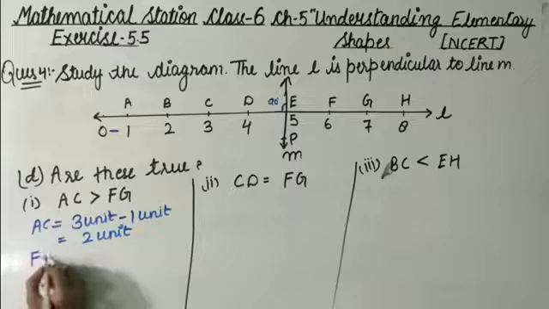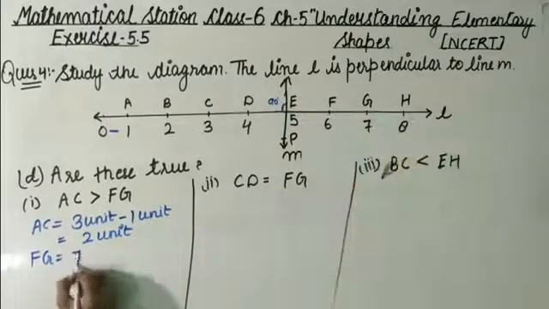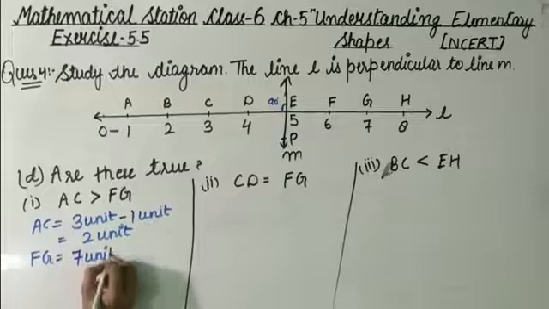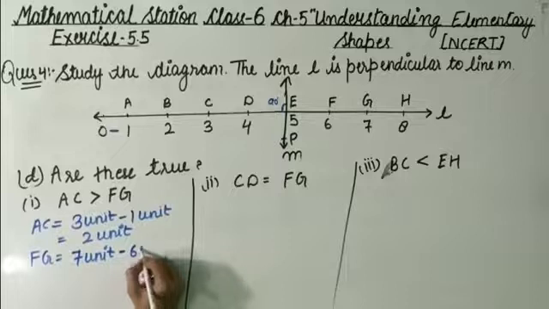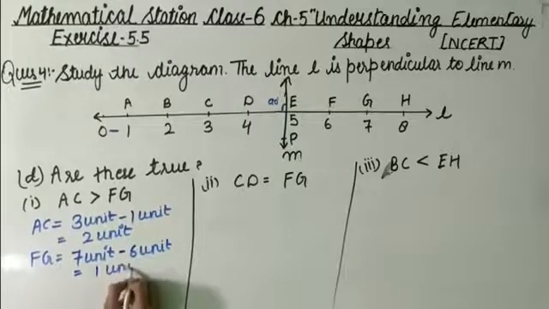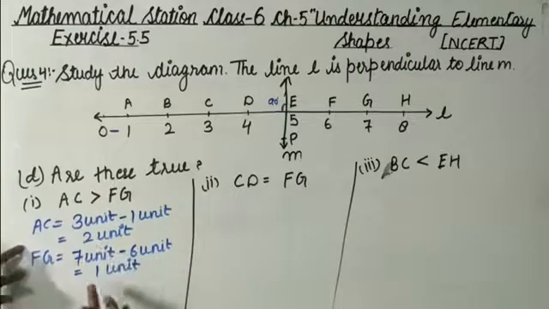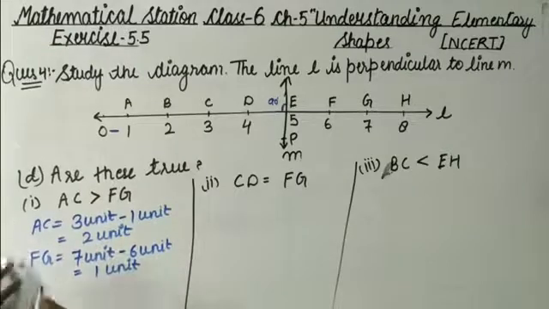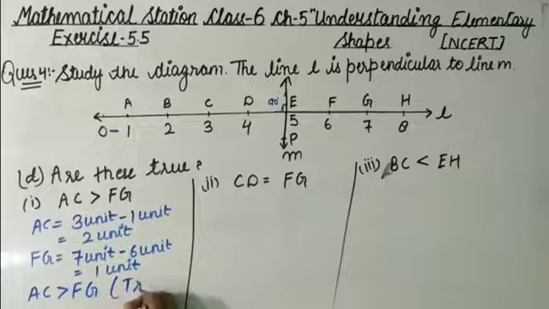Now we will take FG. FG equals 7 unit minus 6 unit, because on point G there is 7 unit and on point F there is 6 unit, and the difference is 1 unit. So the measure of AC is 2 unit and FG is 1 unit. So we will write AC is greater than FG. So this statement is true.